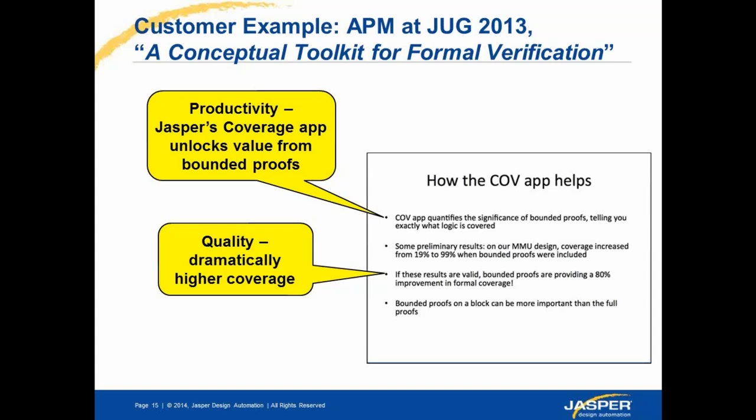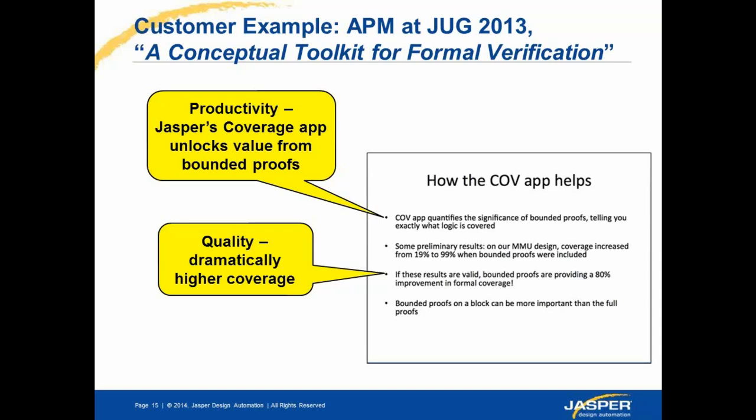APM on the West Coast in the US used the coverage app for closure. Here was a very experienced formal verification engineer. He had his test plan, he wrote it exhaustively, and he wrote his assertions and verified his design. He was doing CPU blocks, so getting converged results was a big problem. He had some converged results, and in the first phase, when he used the coverage app, he got about 19% coverage.